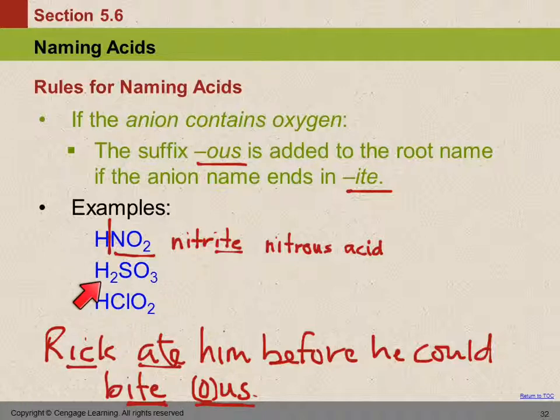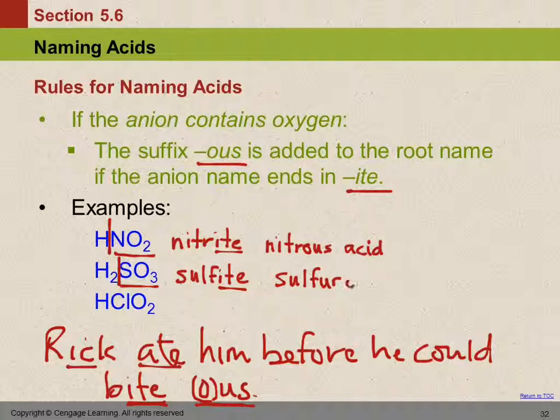H2SO3. We see the oxygen, and so we're going to cut off the hydrogens and see what the name of the rest of it is as an anion. Well, that's the light version of sulfate. That's sulfite. Ite and us go together. And again with the sulfur, the UR comes back.